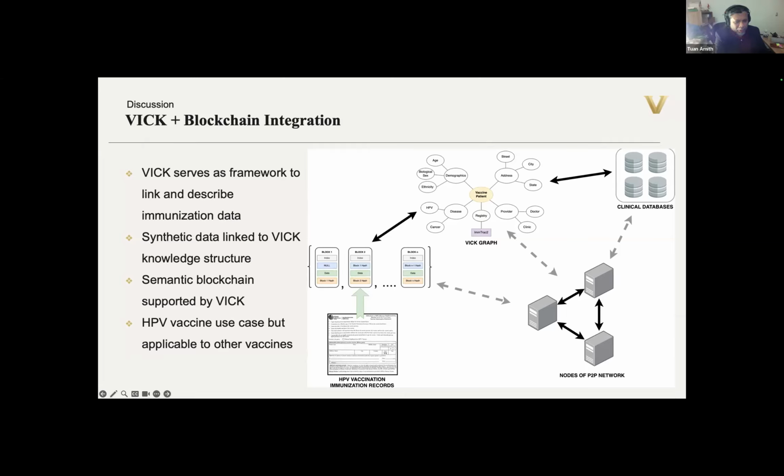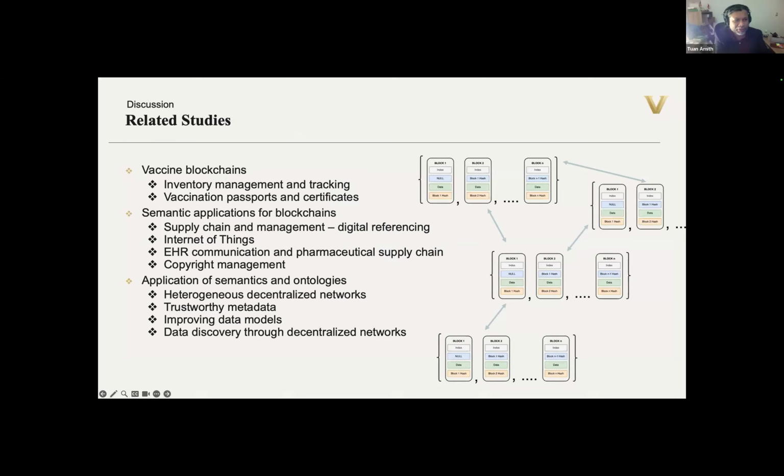As Kevin has mentioned, we collaborated with them using some of the documentation they have provided, as well as their databases and EHR records for the metadata to construct the ontology. And so overall, the knowledge graph serves as the model to support our proposed semantic blockchain, which I'll talk about in the next few slides.